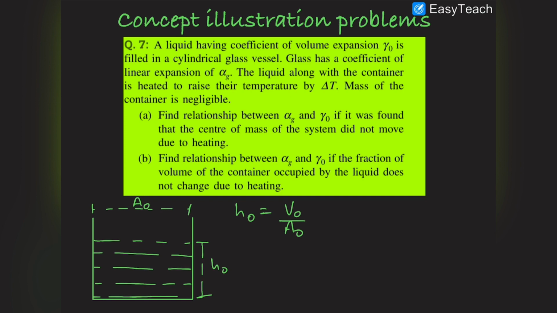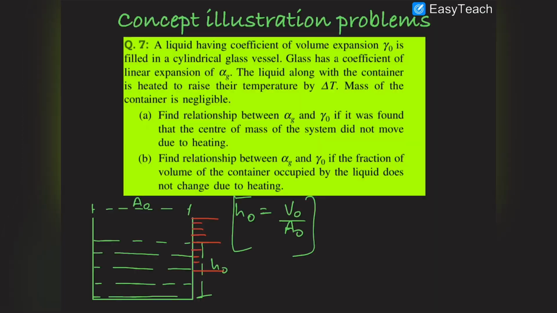If this height remains constant with respect to the container, that is, if there is a scale calibrated in the container and the reading of this height remains the same, then the center of mass will also remain at its original position. Therefore, this reading of the height of the liquid would be V naught by A naught.